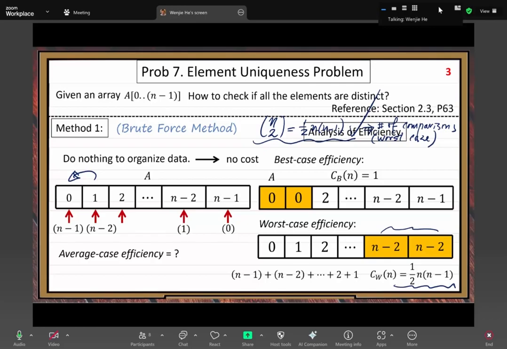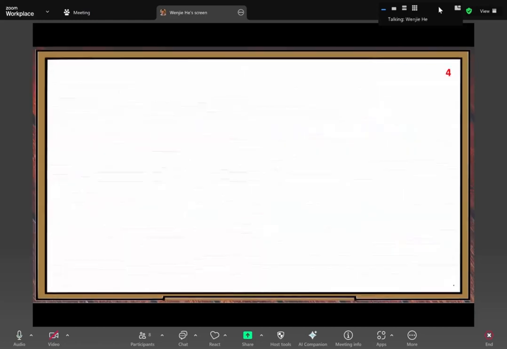So here you also need that probability, P. Based on the history data, you do statistics to estimate that P. Then you can calculate the average case efficiency. Here I do not go into those details. Now our method number 2.